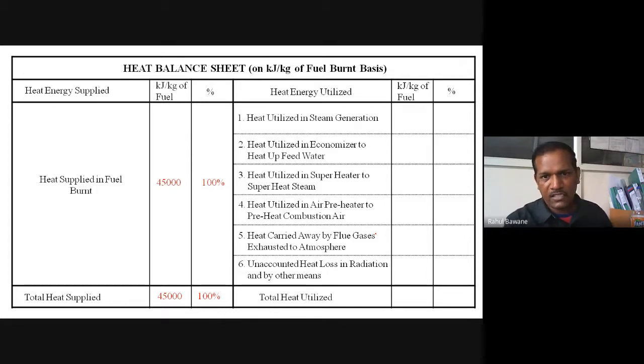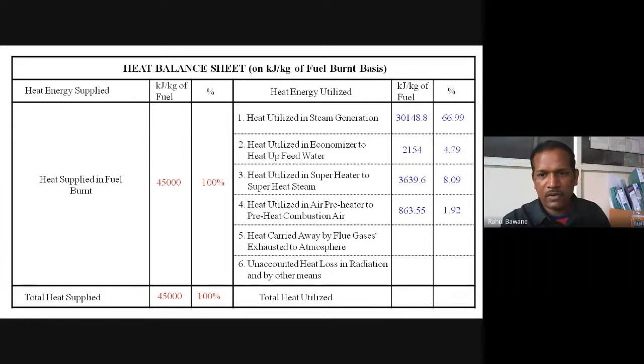Now heat utilized in steam is 30148.8. Now its percentage, when we do the percentage, we come to know that 66.99% is utilized in steam generation. Then economizer 2154, in percentage it is 4.79. Superheater 3639.6, in percentage 8.09% heat is utilized in superheater.